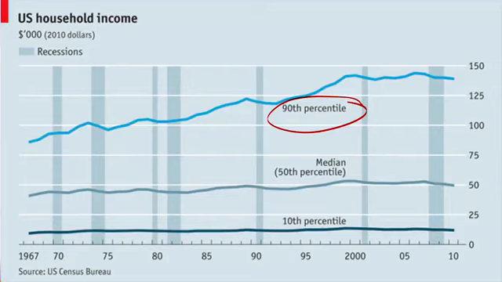If you look at the bottom 10%, their real incomes haven't changed all that much. Even people in the median of the income range have not experienced much improvement over the past 40 years. However, because very poor countries have managed to grow fast, the distribution of income across the world population has improved.